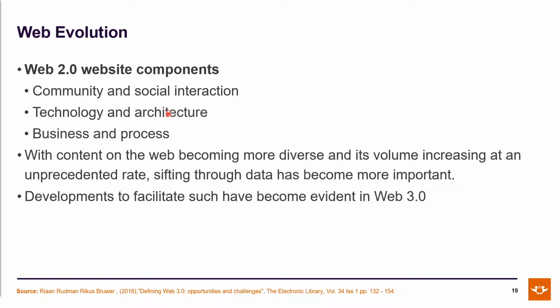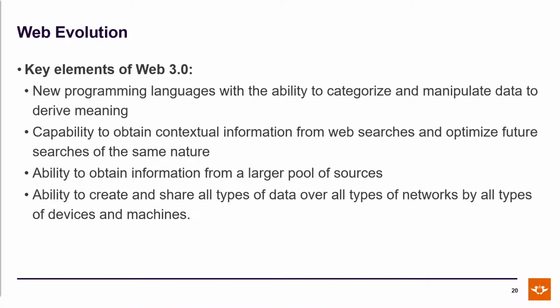When it comes down to considering Web 3.0, Web 3.0 is a little bit different. Web 3.0 is more about what is referred to as small or little data, knowing as much as you can about something in particular.